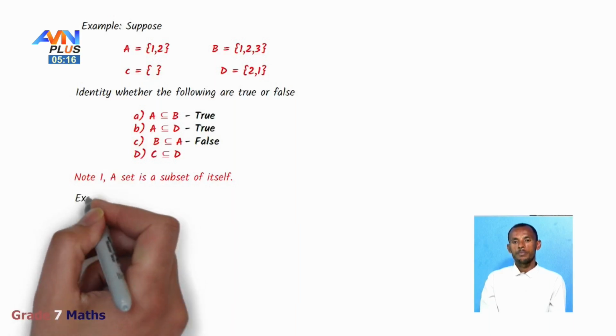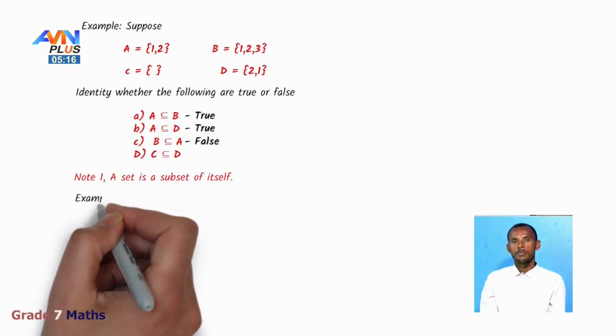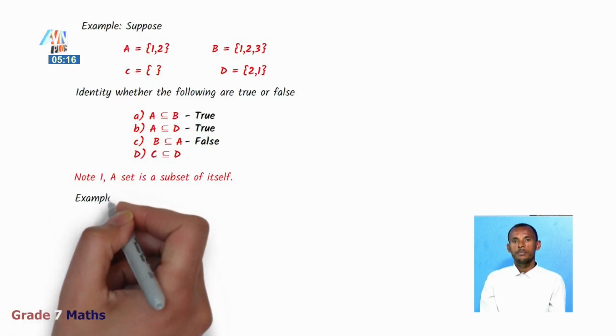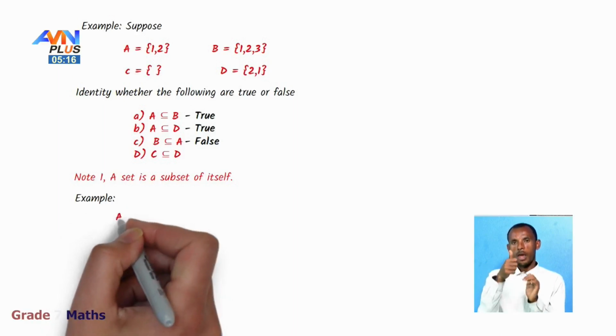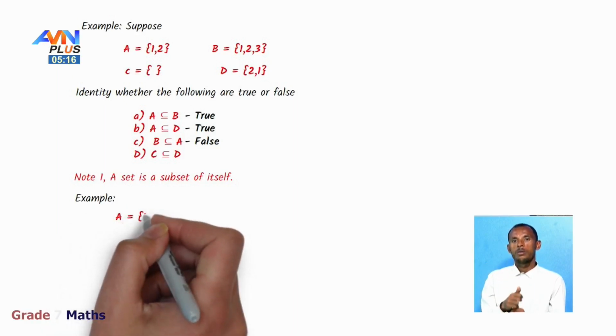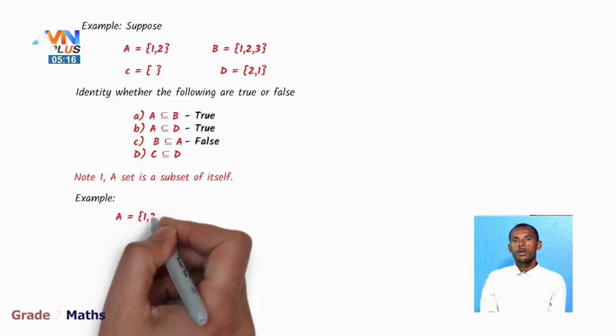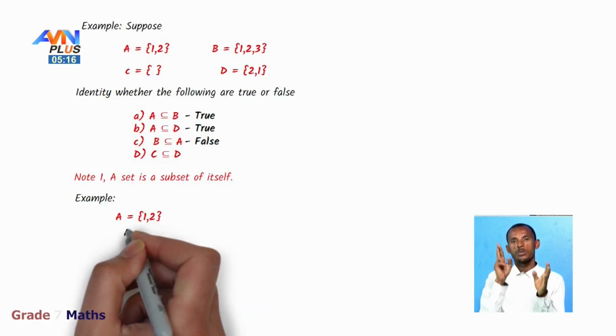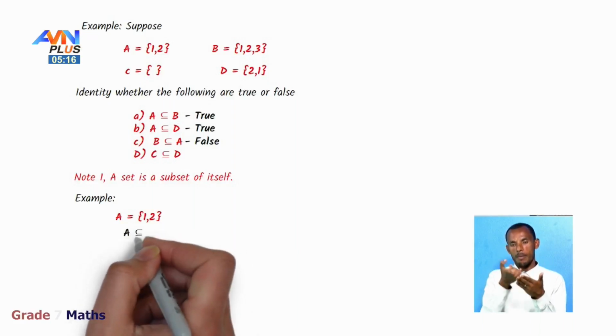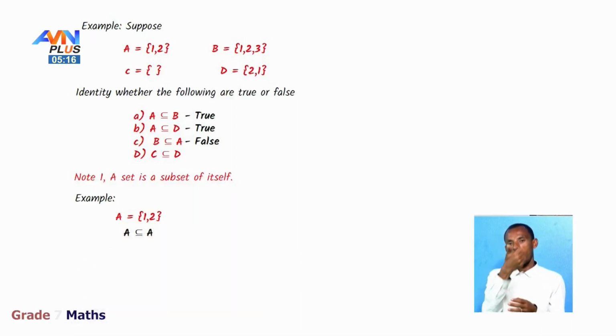If you take any set A, for example, 1, 2, A is a subset of A. It is a true statement. All elements in A are also found in A, so any set is a subset of itself.